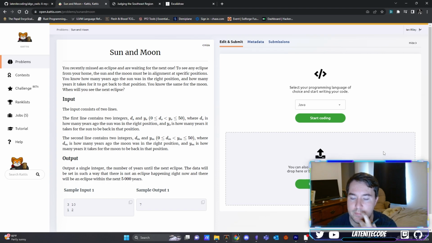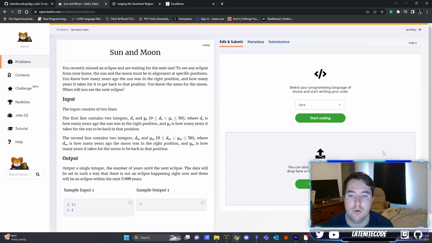Okay, let's go ahead and summarize that back. The way we can think about this problem is we effectively have put out a telescope, we're pointing it at a specific position in the sky, and we know for a fact that there's going to be an eclipse at this position within the next 5,000 years. The data that we have is that we saw the sun at this position ds years ago, and we know that it takes ys years for the sun to come back.